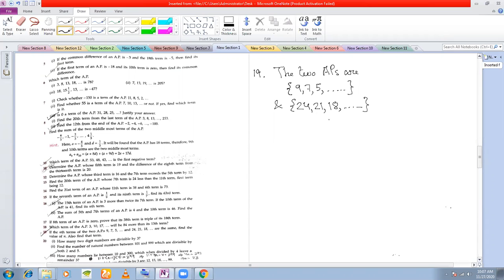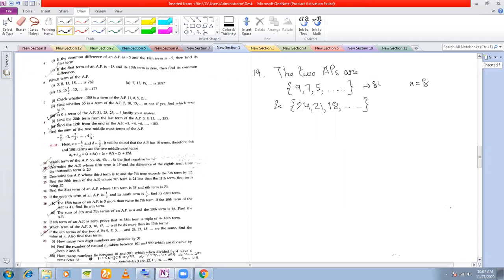It is given here that the nth term of these two APs are the same. That means the nth term of this AP and the nth term of this AP are the same. Find the value of n. Suppose I find n to be 8, what does it mean?